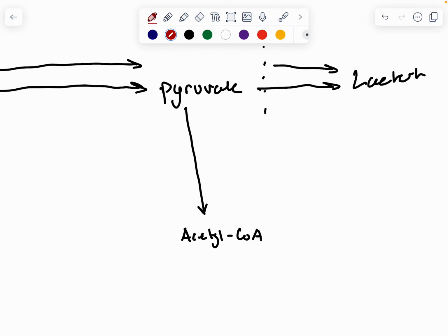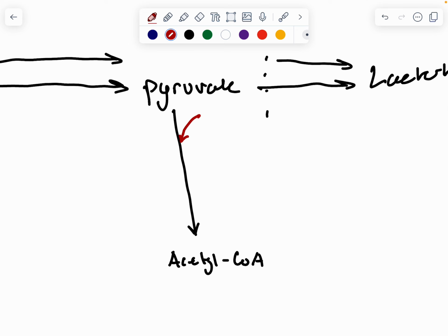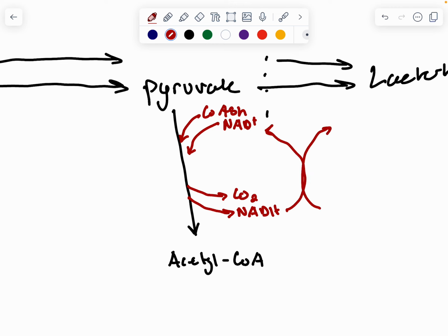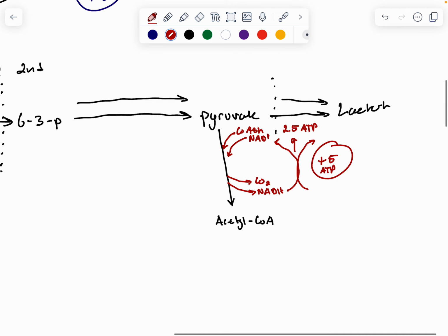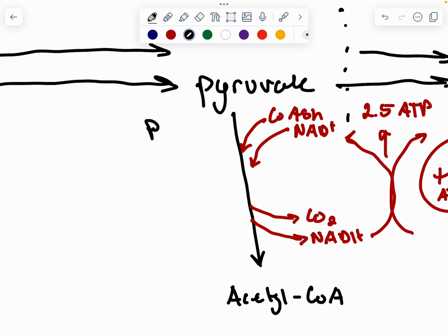And if we remember from just a second ago, we have CoASH, we have NAD plus, then we get rid of a CO2 and an NADH. That NADH goes through the redox reaction, pumps out 2.5 ATP, and in total right here, now we are plus 5 ATP, just because of the PDH system.